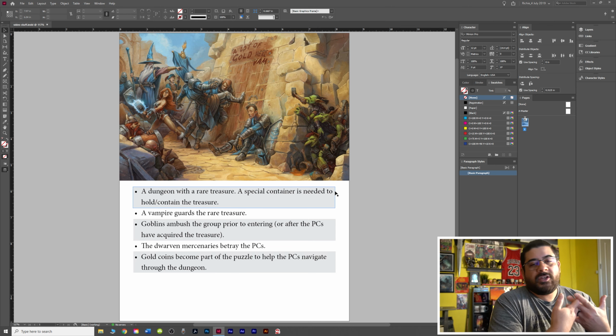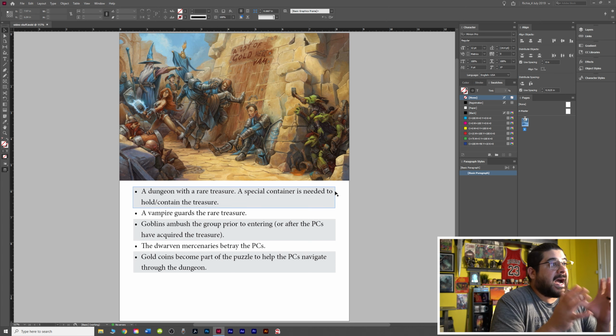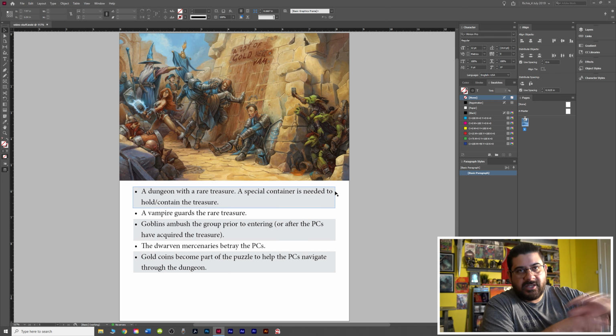The special container, the only container that's able to hold the rare treasure, is dwarven made. But this dwarven made chest is so valuable and highly regarded among the dwarves that the dwarves aren't just going to give it to any group. So they basically say, we'll give you the container, but our dwarves are going to go and escort it. Not that when you put the stuff inside of it, it's yours, right?